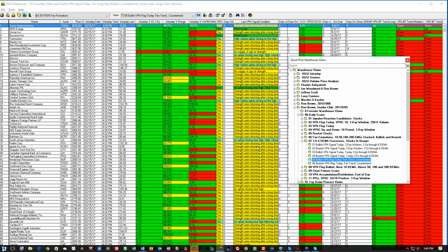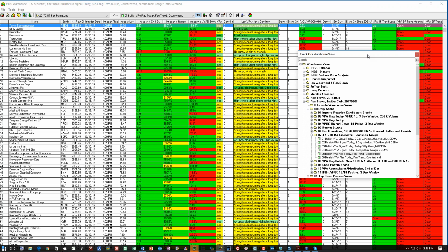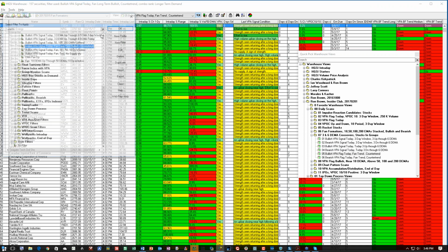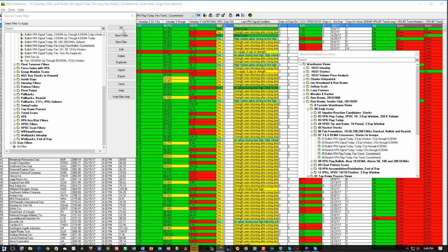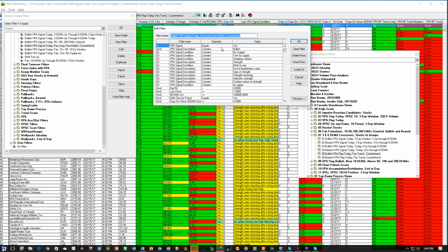So as of today, at the close of the market, 157 of the stocks are in a major fan formation or a bullish fan formation, but yet they are exhibiting a counter trend. And that counter trend, I made it like this.